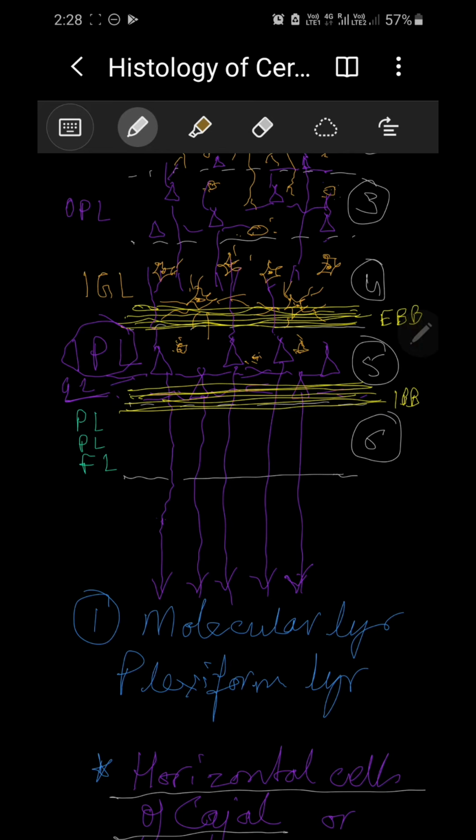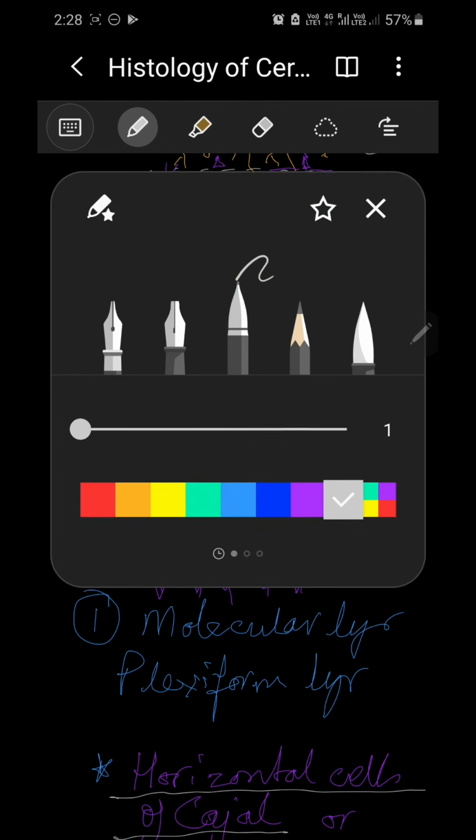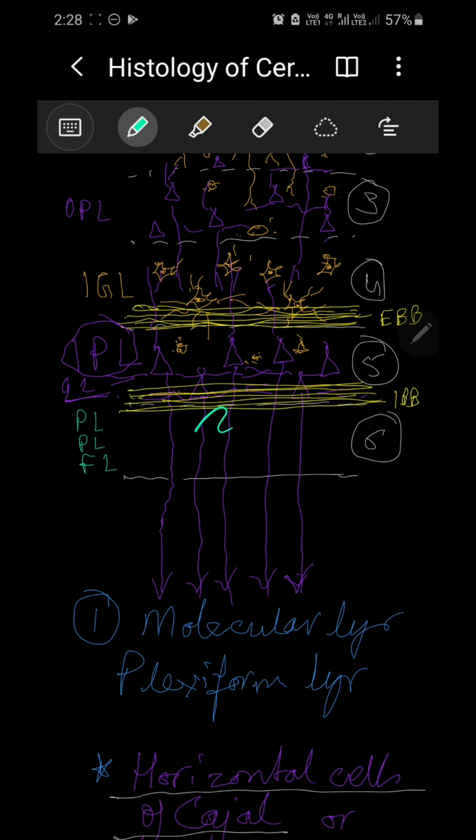Now about these polymorphic, pleomorphic or fusiform cells. As I was using green color, let me tell you this special thing: these cells are fusiform, but they are vertically placed cells, and they will have their dendrites arising from the two ends of the fusiform cell.